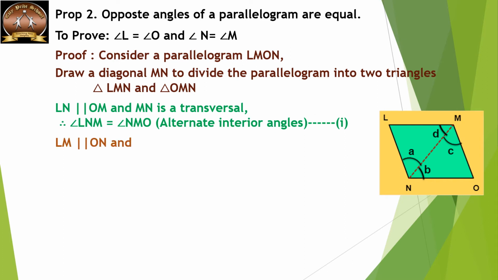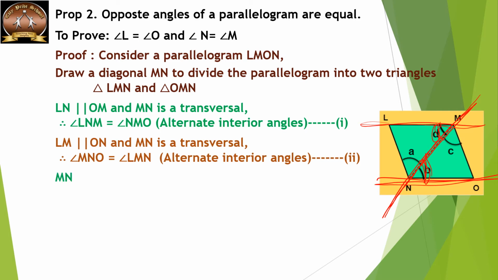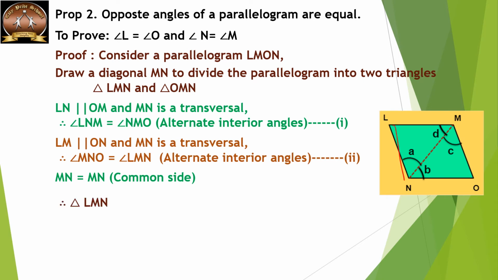We know that LM is parallel to NO and MN is a transversal. So LMN is equal to MNO, again alternate interior angles. Now two elements are done, and we very clearly can see that the third element is the side between them. MN is equal to MN, so common side. So we know that triangle LMN is congruent to triangle MNO by ASA congruence test.